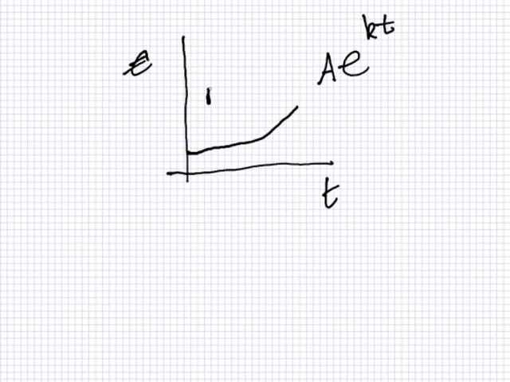That the amount of money you have is from this formula. Now this is only true if you don't put more money in. If you just put some money in and then leave it, it will increase this way.